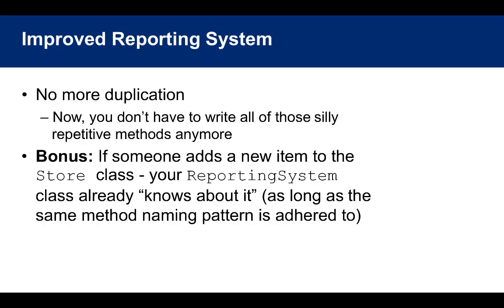You don't have to duplicate all those methods that are already defined in the store class to also be in the reporting system class. And the bonus is, if someone adds a new item to the store, your reporting system class already knows about it, as long as the same method naming pattern is adhered to. So that's great.